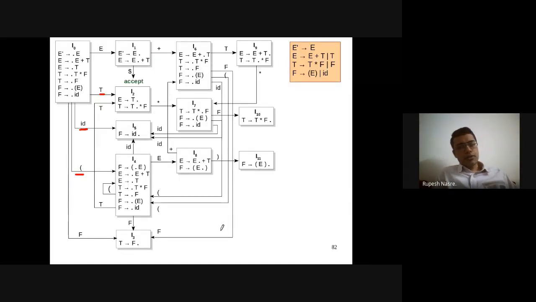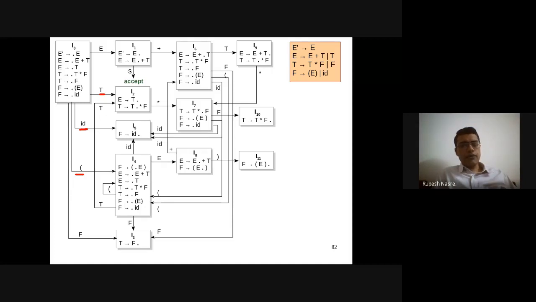For example, from I0 we have transitions, and the left hand side, which is going to be different rows of this parsing table, are going to have not the non-terminals but the states which correspond to where we are in a particular production, the context in which we are going to apply, let's say, a reduction or shift.